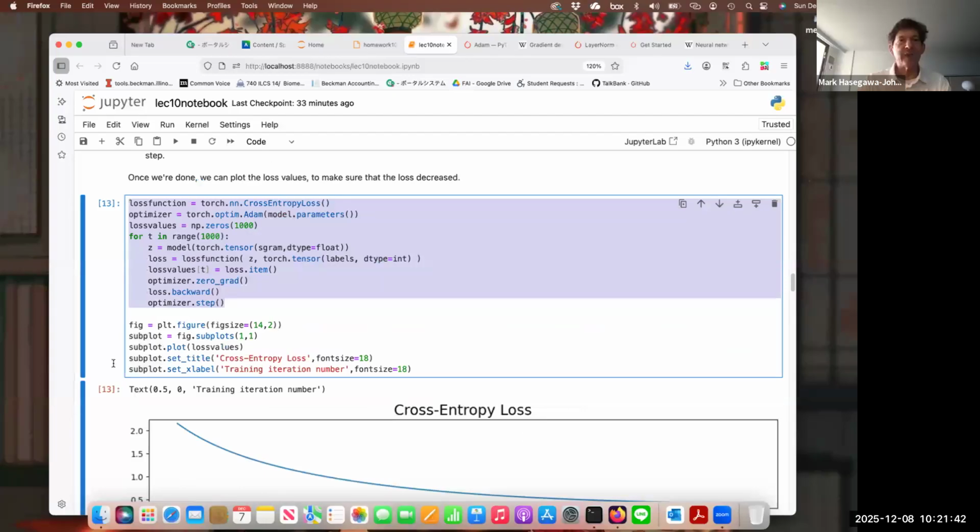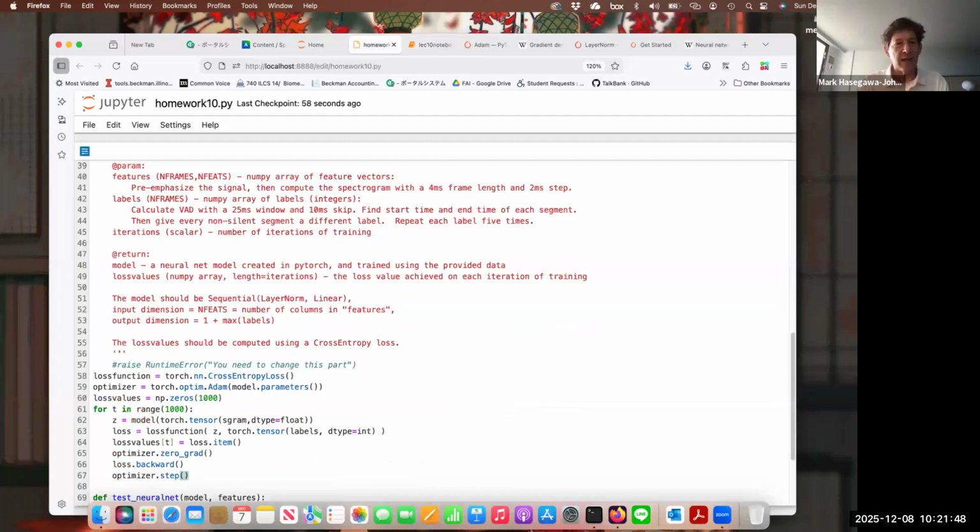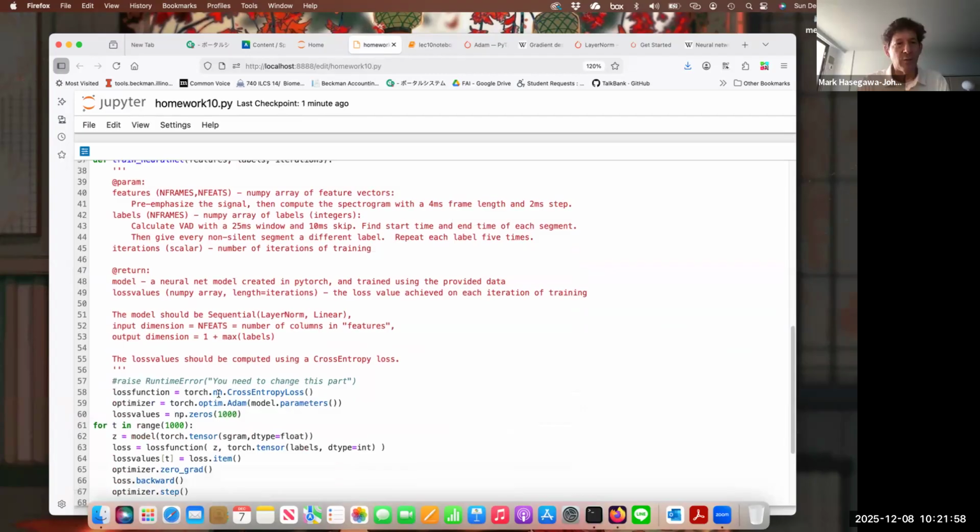Train neural network, I want to get rid of the runtime error. And I want a loss function, which is the cross entropy loss, an optimizer, which is Adam optimizer, a sequence of loss values, which is zeros equal to the number of iterations.